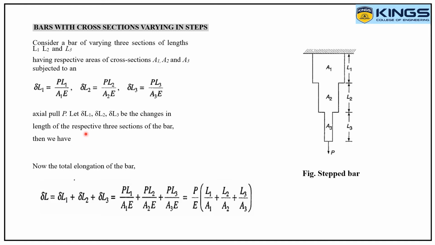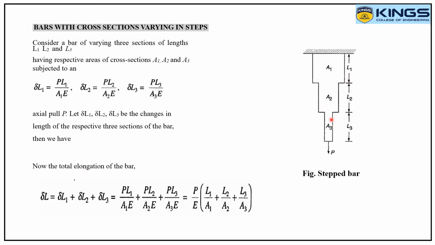So del L1, del L2 and del L3 will be the changes in length of the respective 3 sections of the bar, which means here the load is axial and also tensile, so the length will be increased.